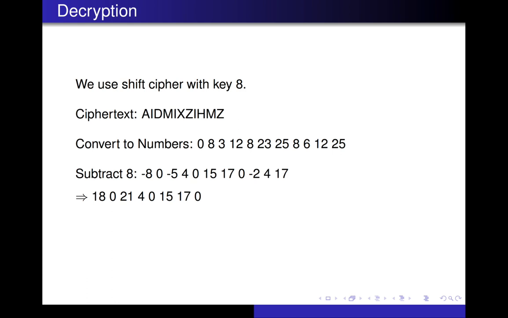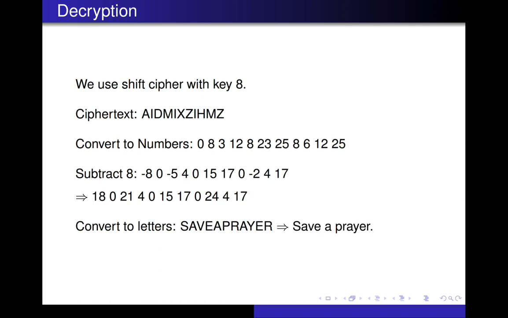The next one is a negative 2, which we're going to have to add 26 to get 24. And then the 4 and 17 are fine. And that means we can take all those numbers and convert them into letters using our chart now. And when we do that, we end up with this conglomeration of letters. And if we separate those out into words, we end up with "save a prayer."